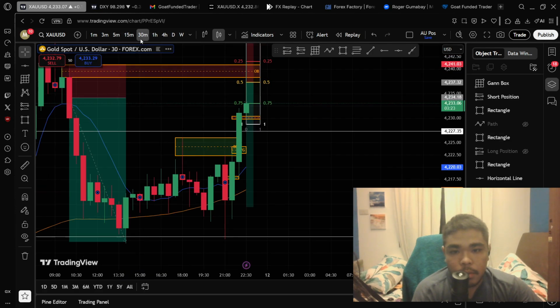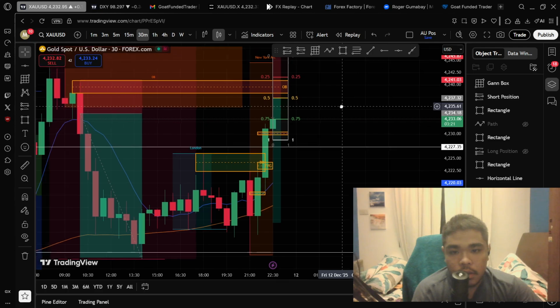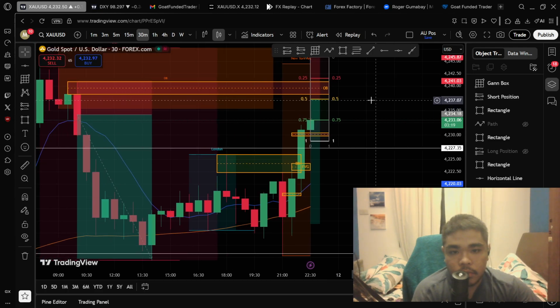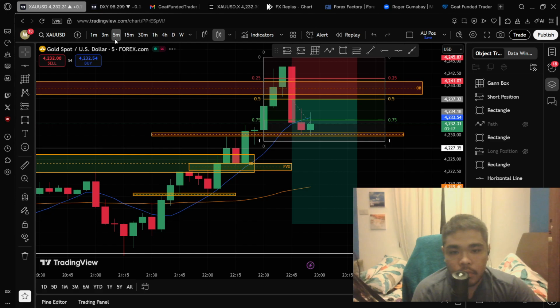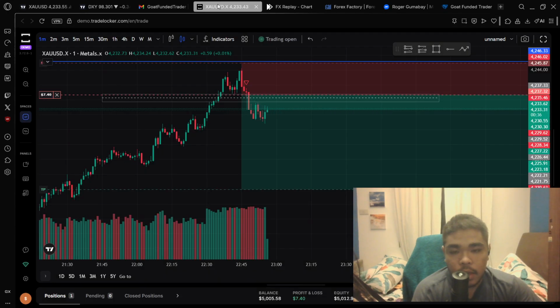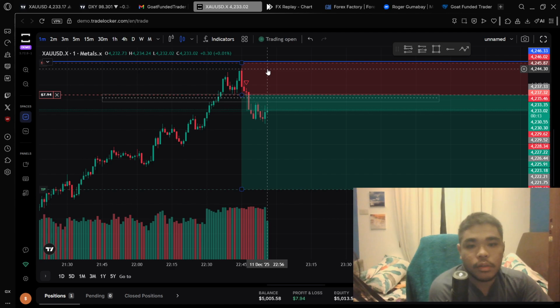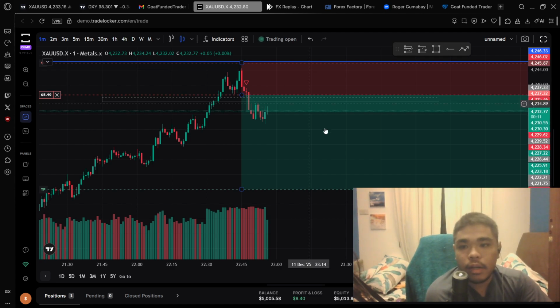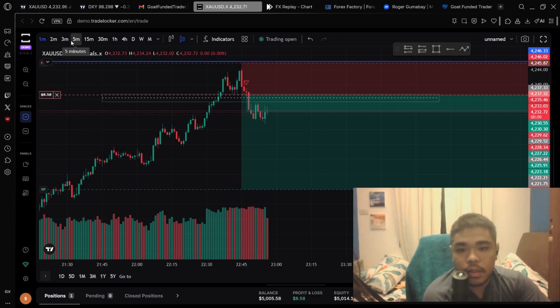On the 30-minute, we are about to close that candle. We haven't put break even yet because we haven't closed 1:1. Haven't had the candle closure at 1:1.